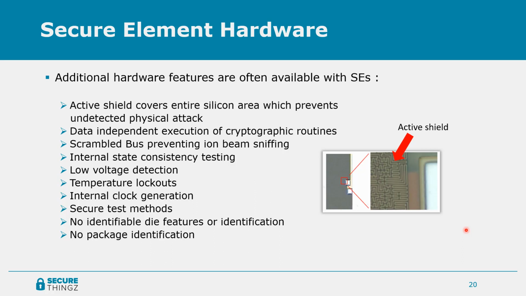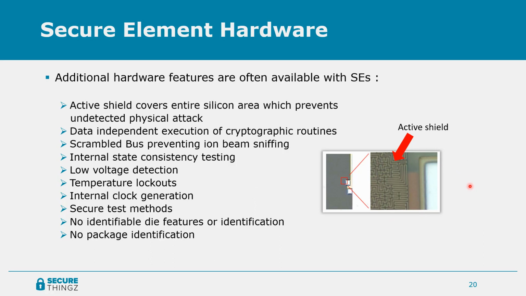Data independent execution of cryptographic routines is often implemented on these devices, so that you can't actually see patterns in power consumption of the device, current used, etc. when implementing cryptographic functions. There is a scrambled bus inside the device preventing ion beam sniffing. The internal state is consistency tested.